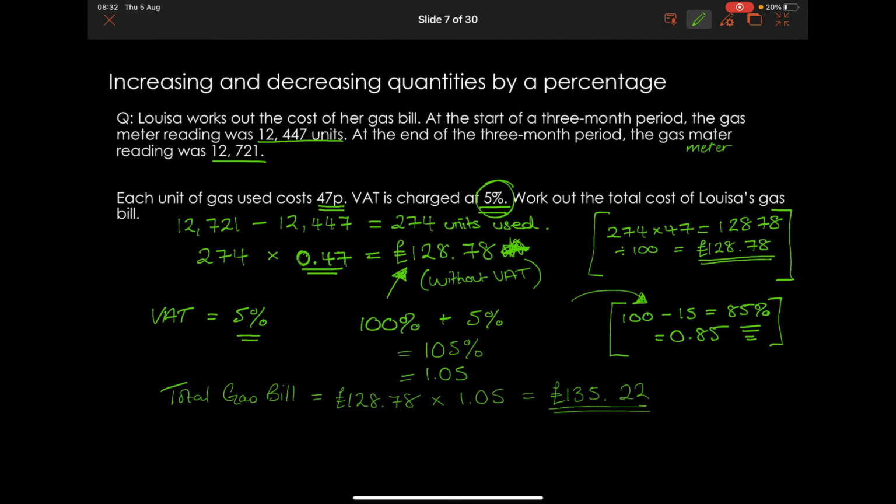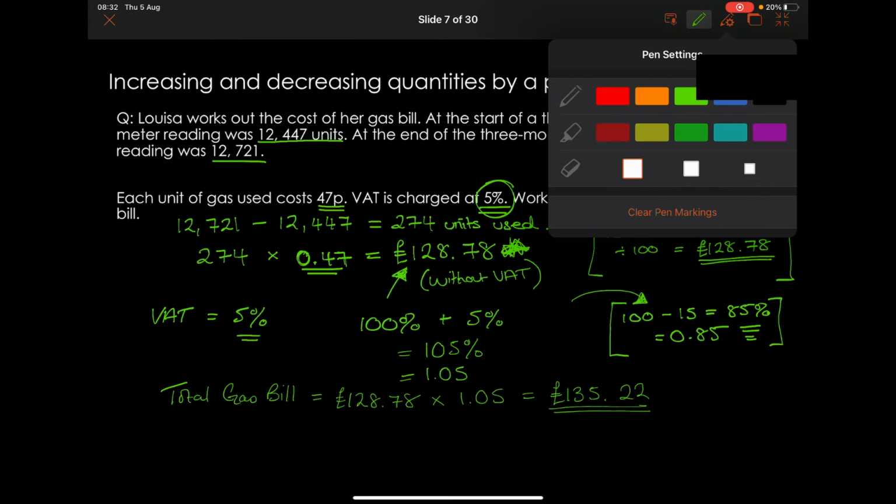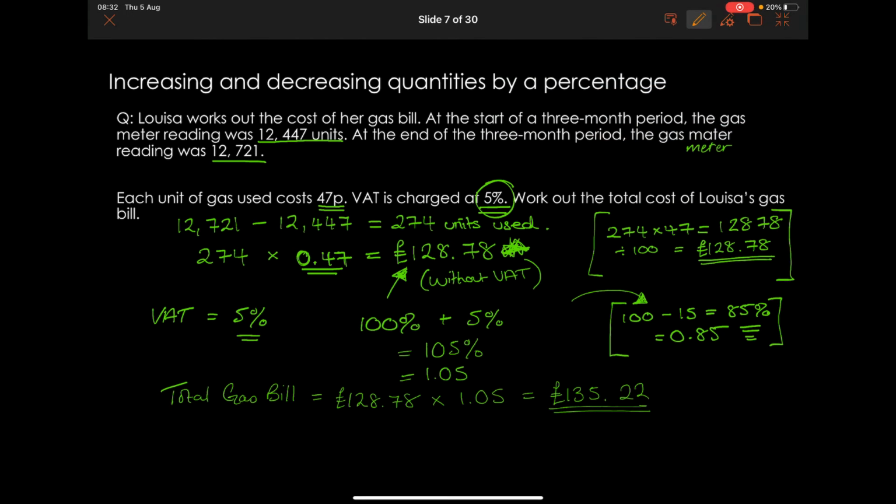Because instead of finding 5%, I would have had to do 128.78 times 0.05, or 5 out of 100 times £128.78, which is the same thing, and then adding it on. Instead of doing that, I've realised that I need my 100%, my money, plus my 5%.